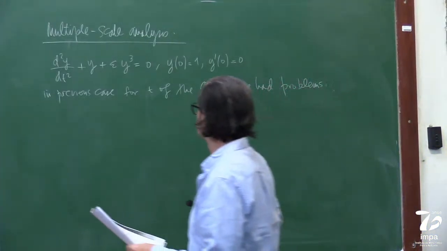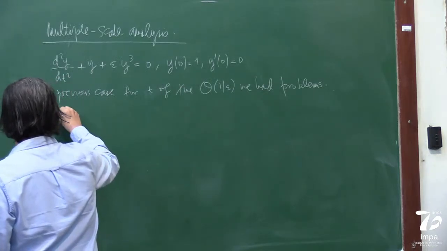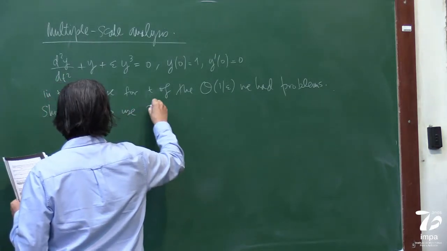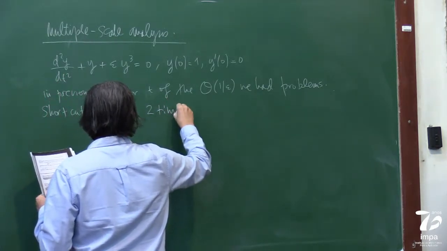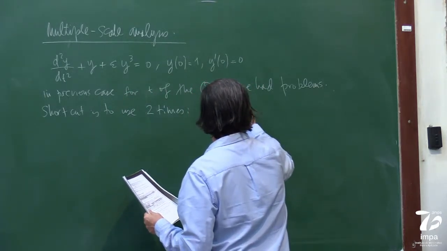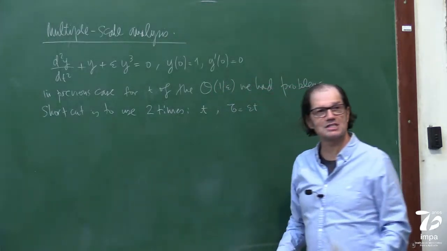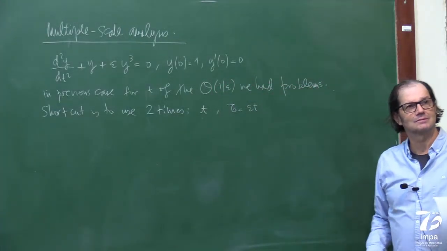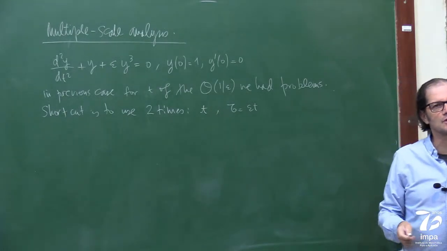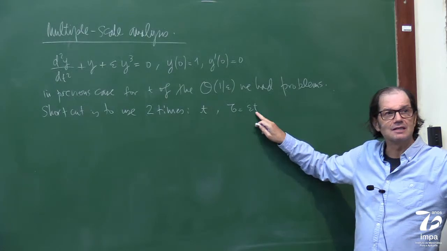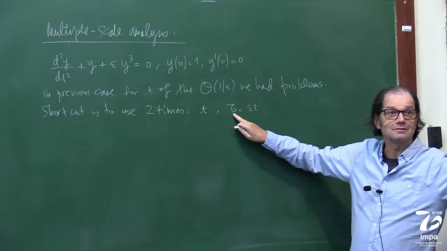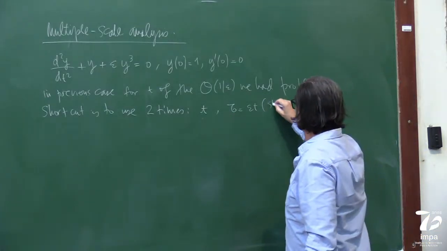So the shortcut is to use, let's put it, 2 times: t and tau, which is epsilon t. Okay, so one way of seeing this, maybe of course influenced by the text, is that when t is order 1 over epsilon, this guy is order 1. So this is the slow time.